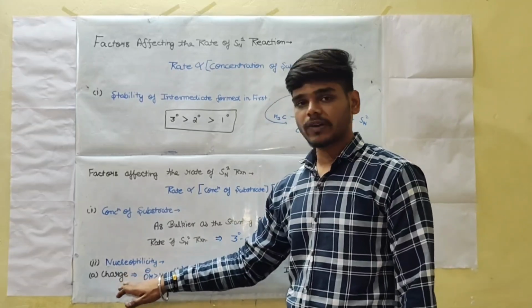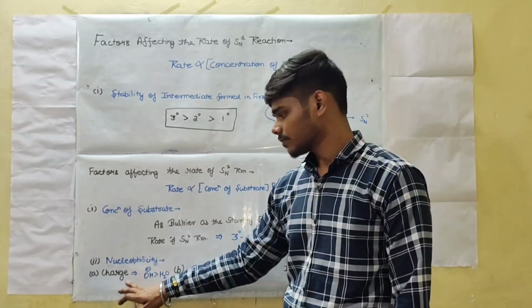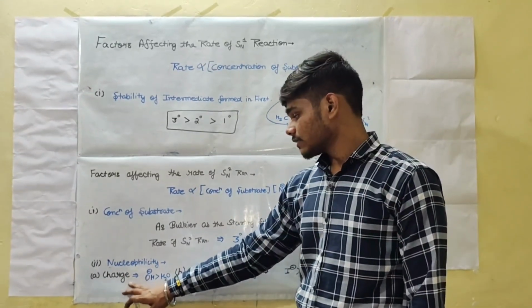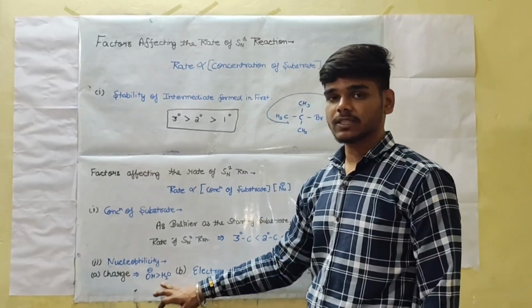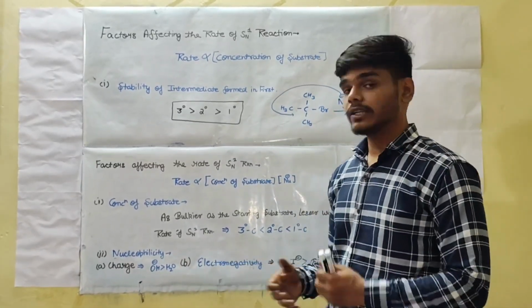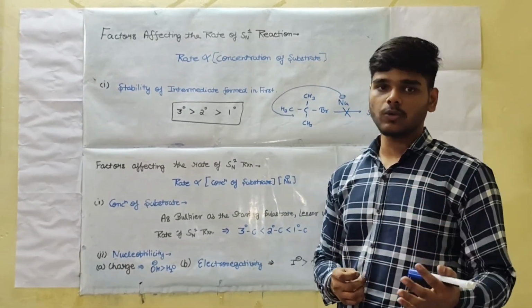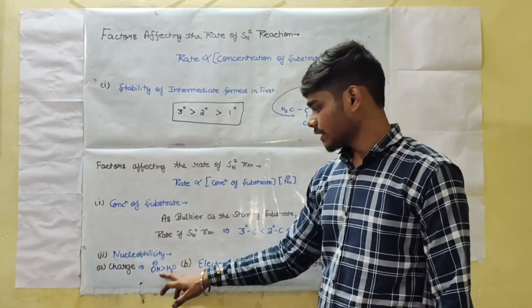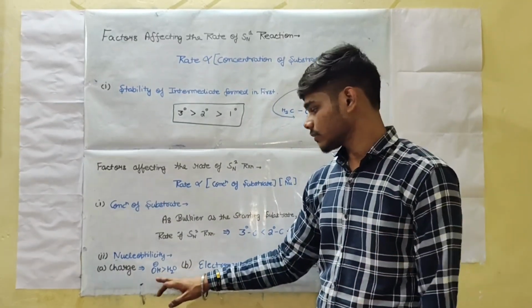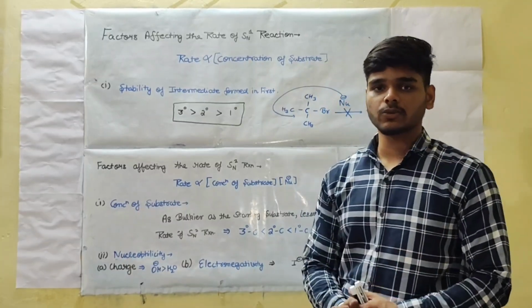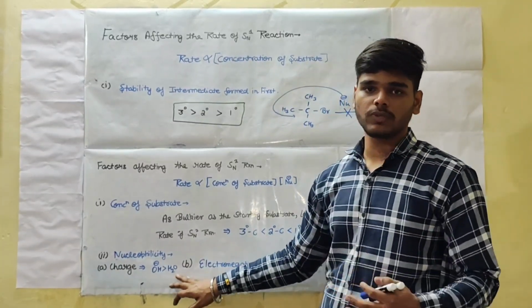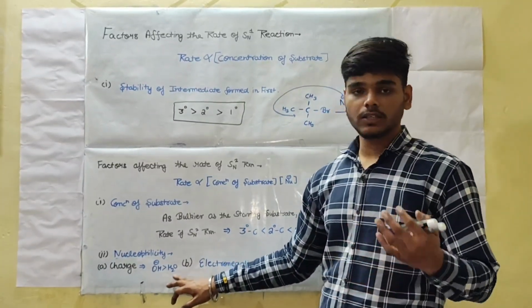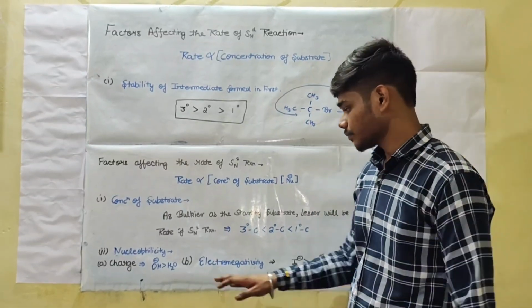Nucleophilicity depends upon two factors. The first one is charge. Charge relates to the species that contains a negative charge or a lone pair. The species containing a negative charge gives faster SN2 reaction as compared to the neutral species.